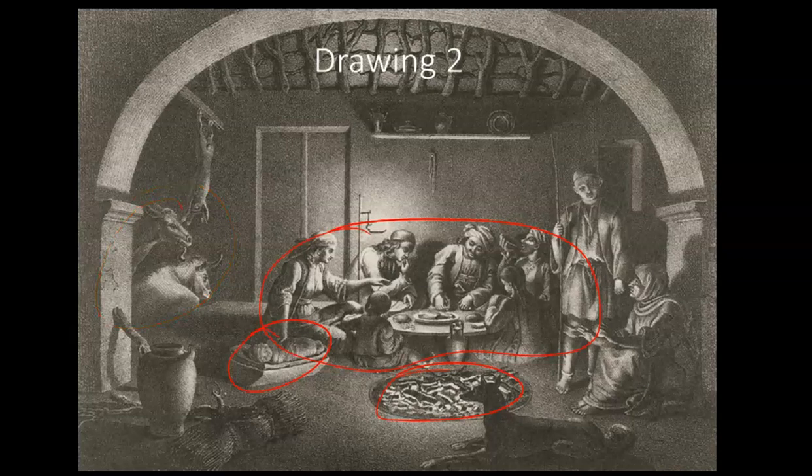Another thing to notice, it looks like you have some sort of skinned animal or dead animal hanging there that they're probably going to eat eventually. So again, not a real dedicated space for preparing food, or sleeping, it's all kind of the same area.